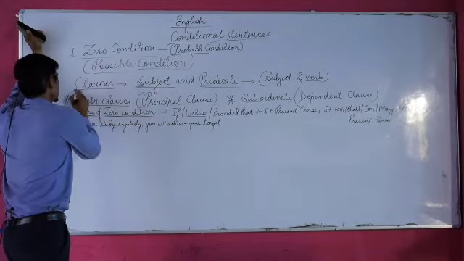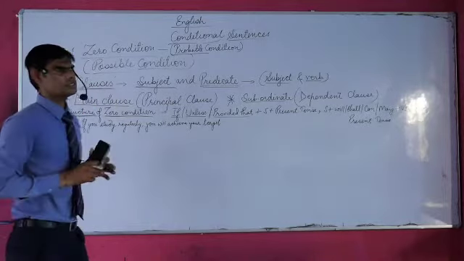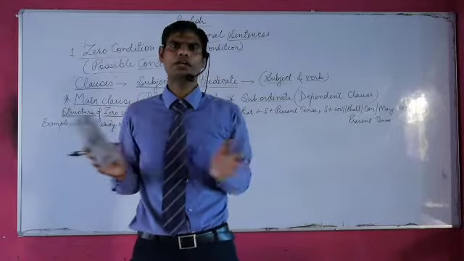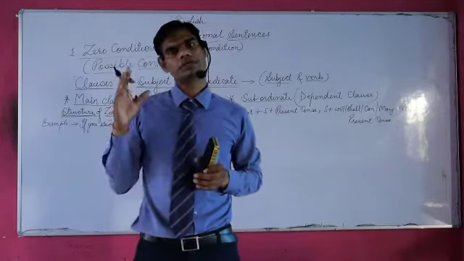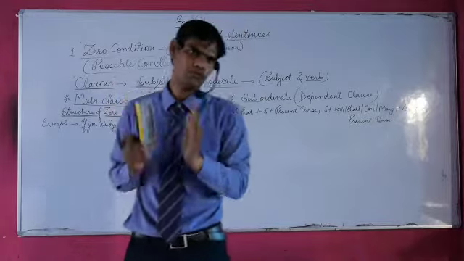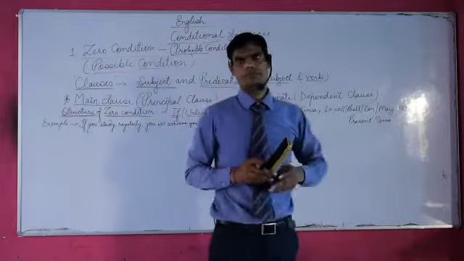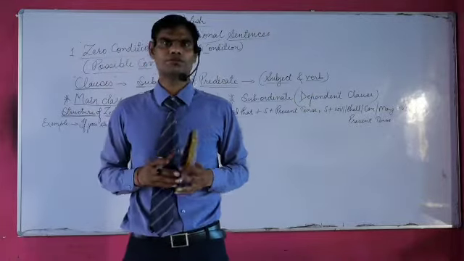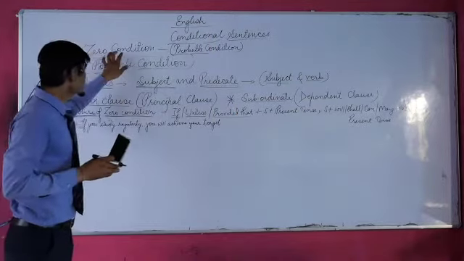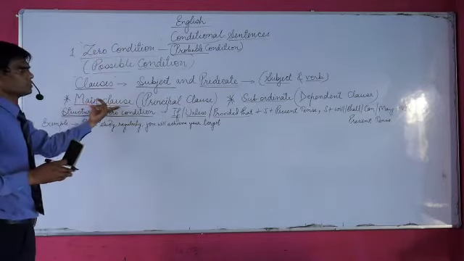First, understand that in a conditional sentence we have clauses. First understand what a clause is. A clause is a part of a sentence in which we have a separate subject and predicate. Predicate means verb, so subject and verb. That is called a clause.